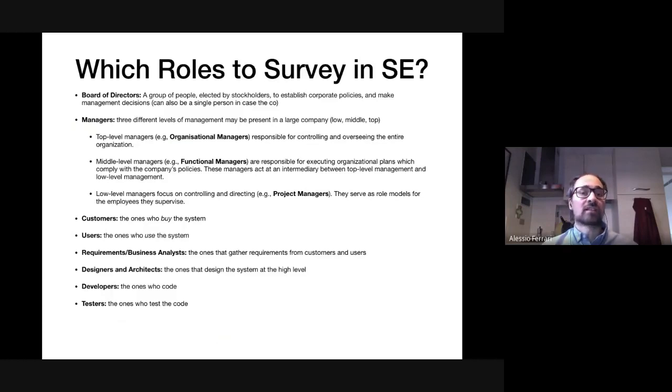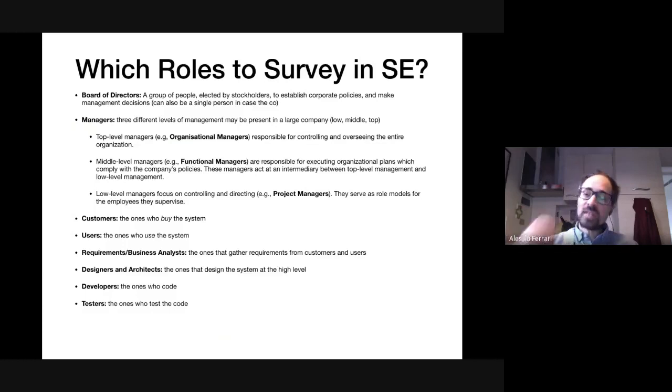Consider that the organizational or functional manager may also be people that do not really know about programming or software engineering, because they may have a business background, because they have different responsibilities. So they may see things in widely different ways with respect to the viewpoint of the designers, architects, developers, and testers.